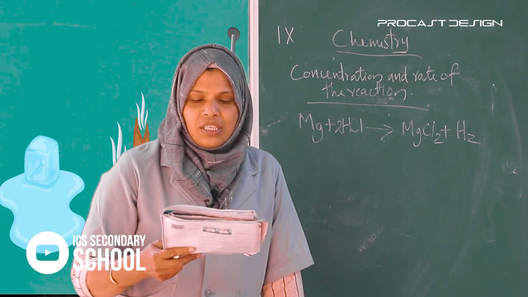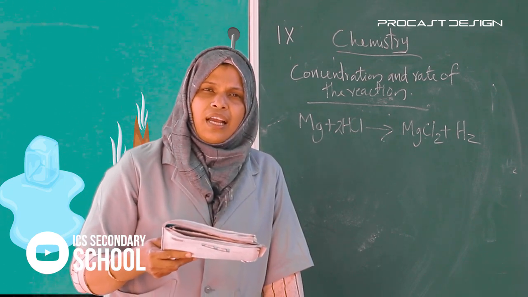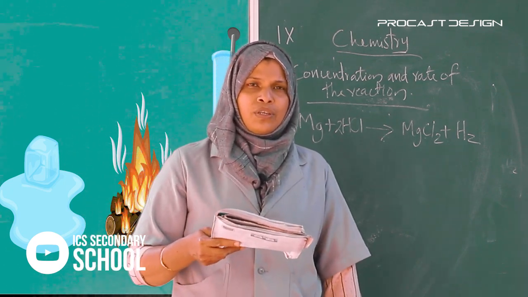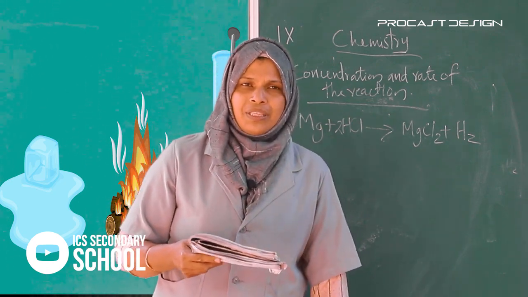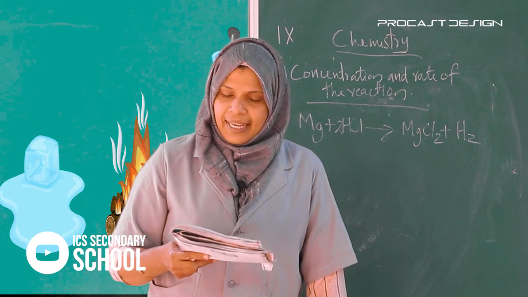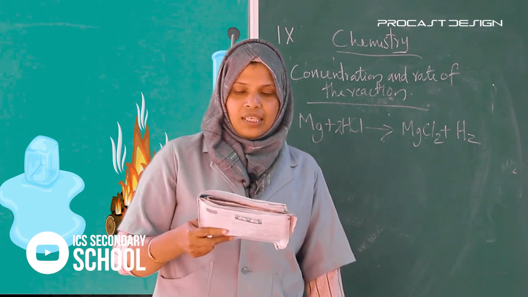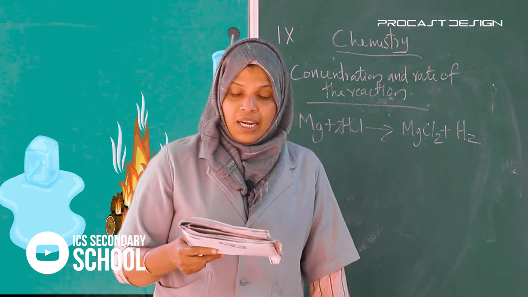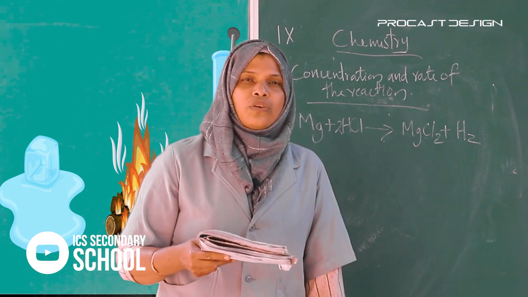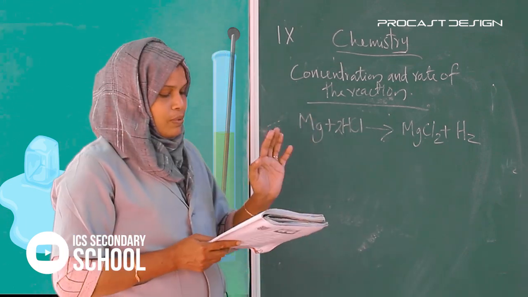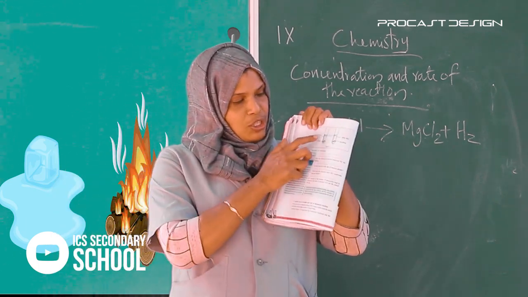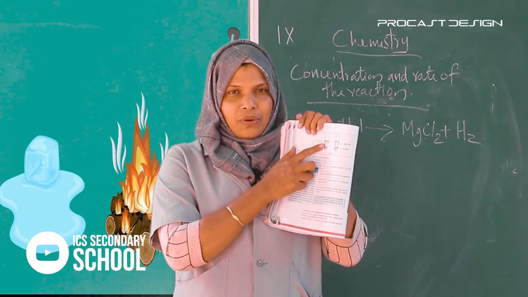Next question. In which test tube is the rate of the reaction greater? First one or second one? In the first test tube the reaction rate is greater. Next, which test tube contains more HCl molecules? In the figure, the first test tube contains more HCl molecules.